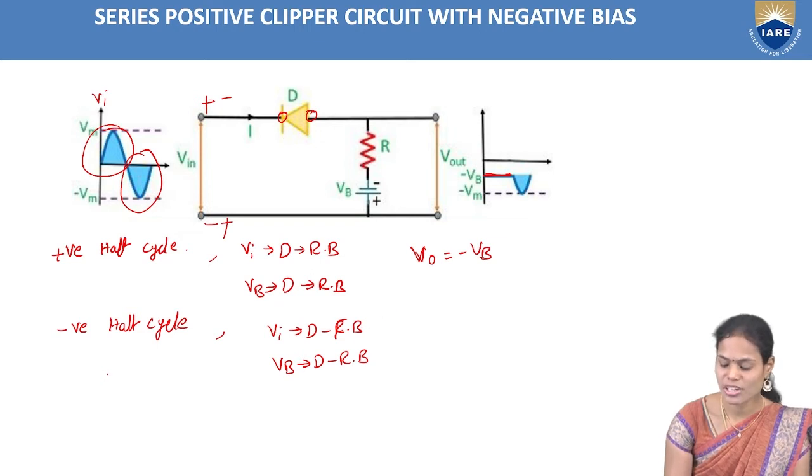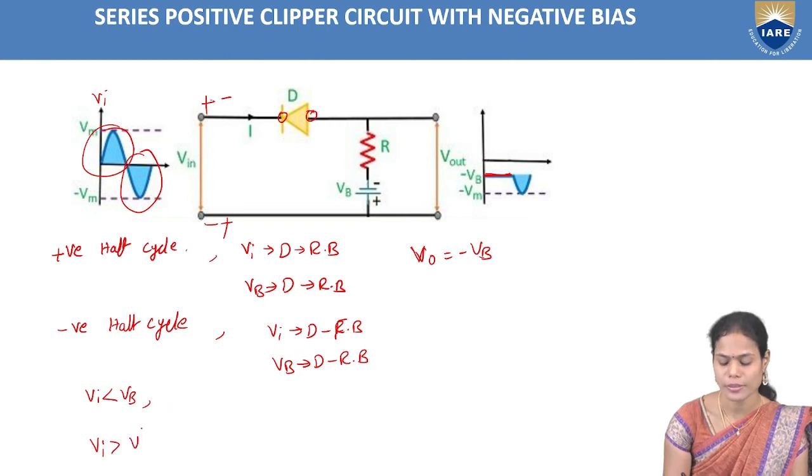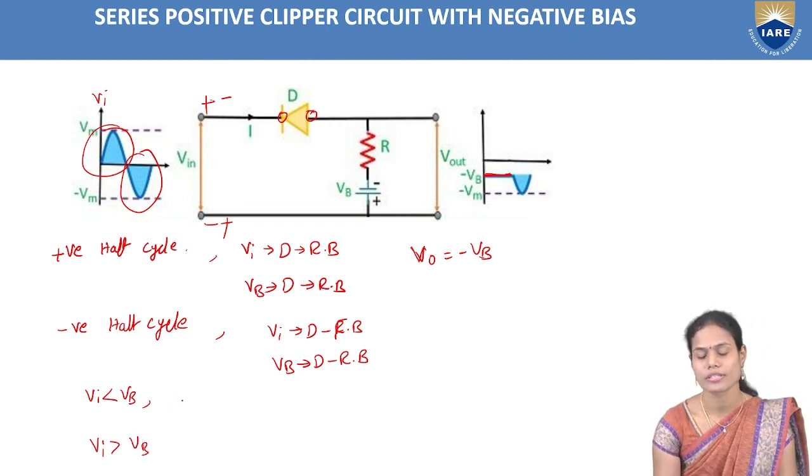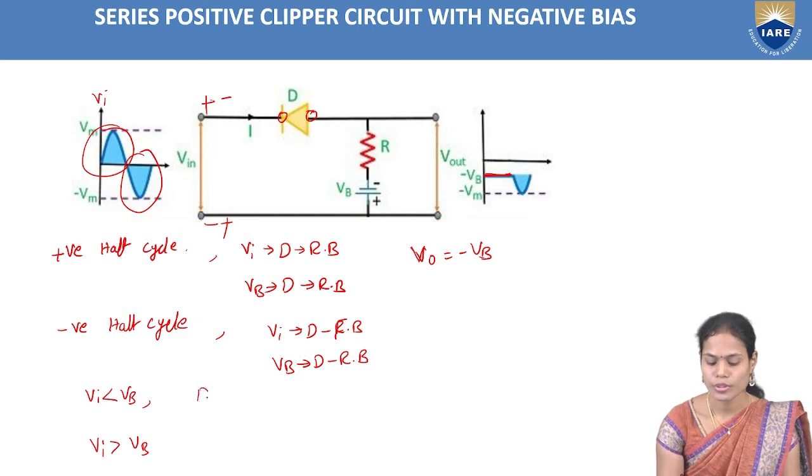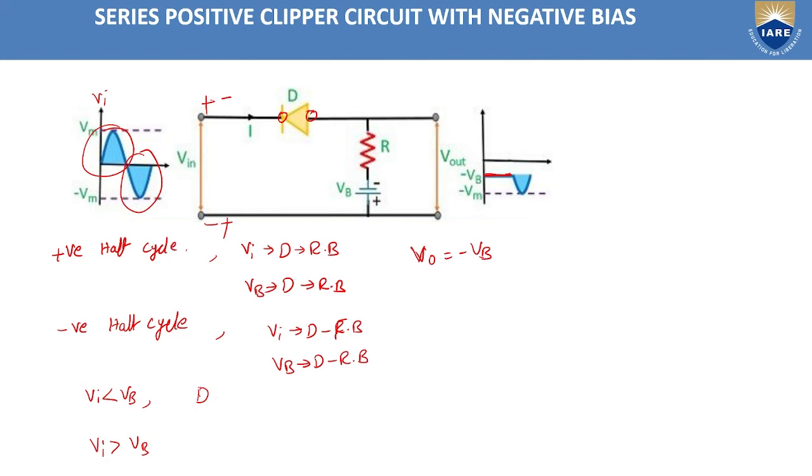Again we have to consider two conditions: whether the input voltage is less than the battery voltage, what is the status of the diode, and whether the input voltage is greater than the battery voltage, what is the status of the diode. If the input voltage is less than the battery voltage, the diode is in on state. And once the input voltage exceeds the battery voltage, at that time the diode will enter into the off state.